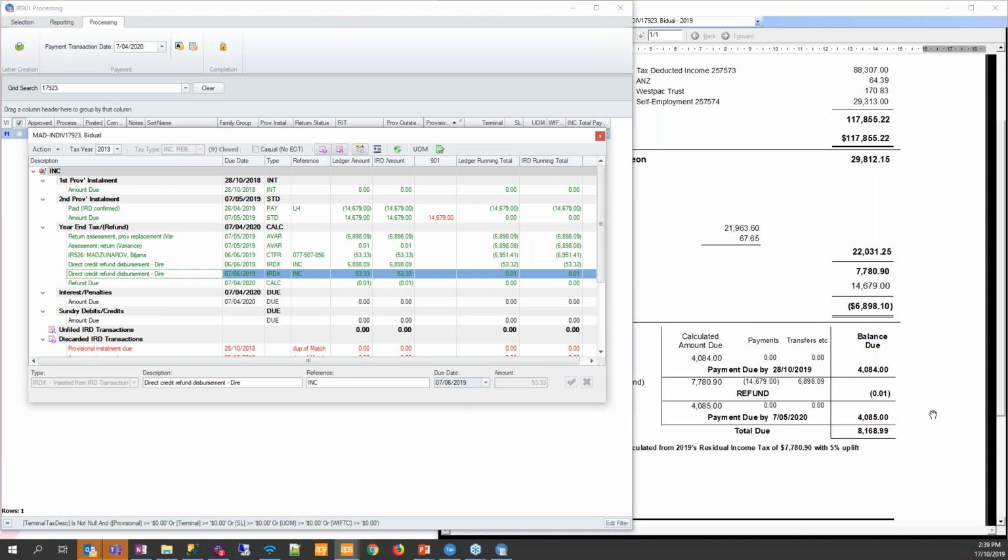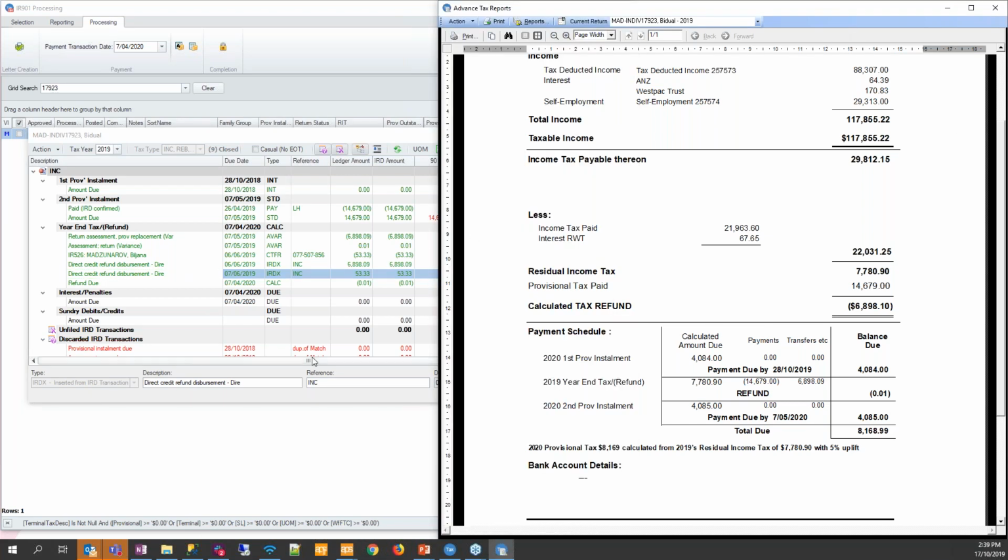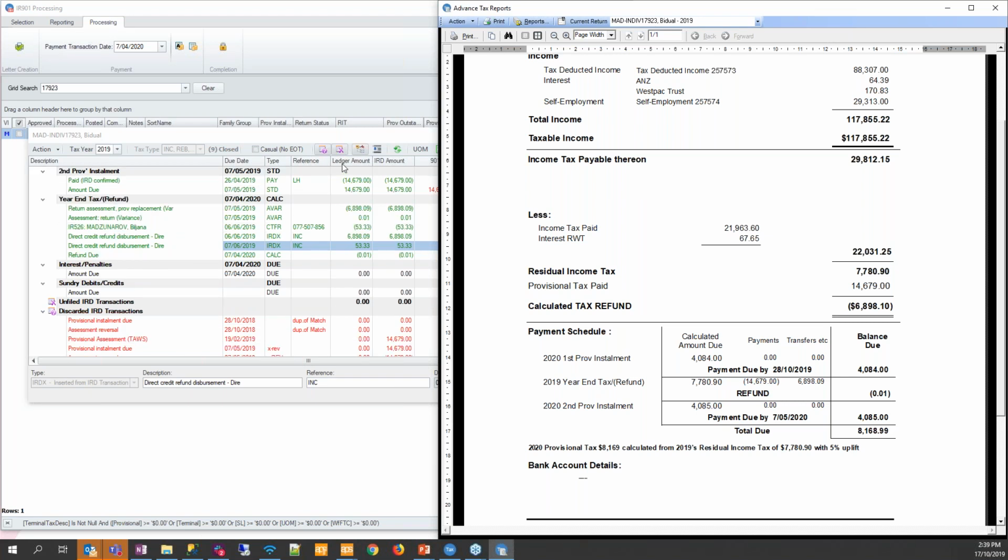Yep. So it is just an education piece and a change of focus when you, as accountants, are talking to clients. It is a change to the information that's there that just needs to be explained.